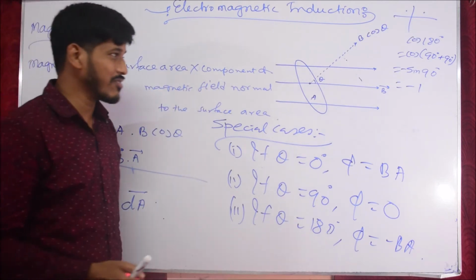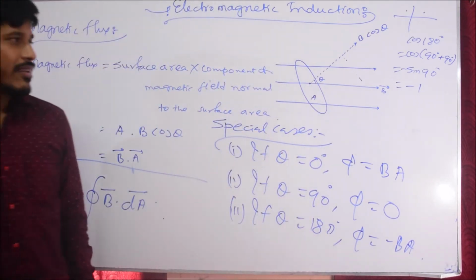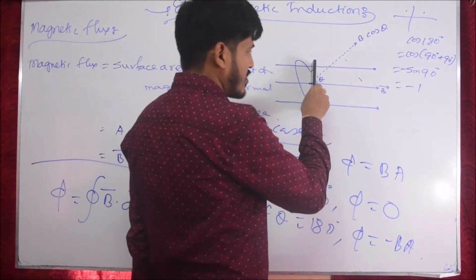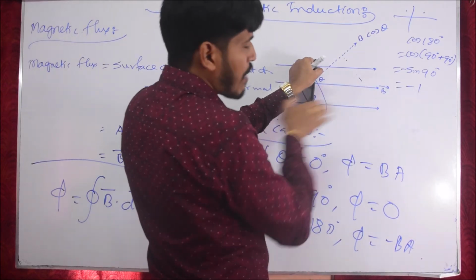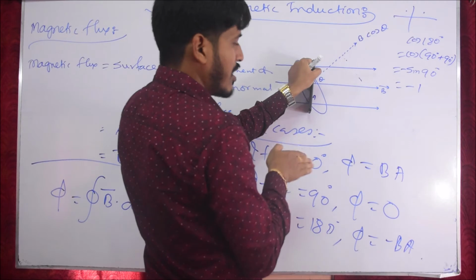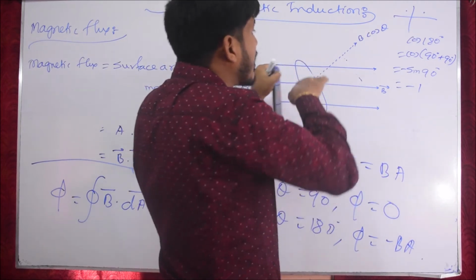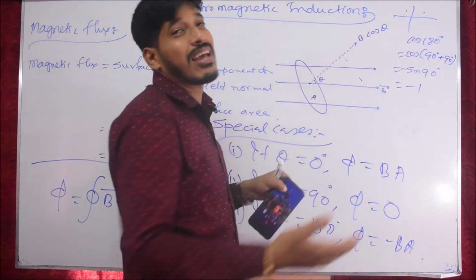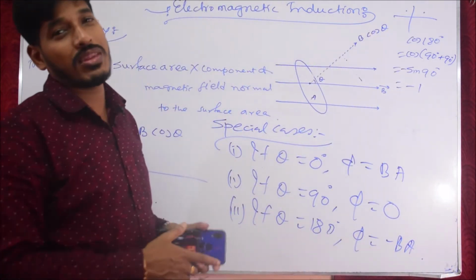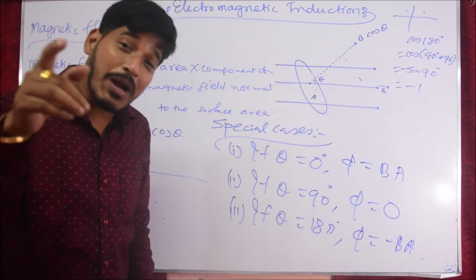If I keep the surface area like that, then I will get the maximum number of lines of force. The magnetic flux is maximum only when the normal makes an angle 0 degree, that is, your surface area makes an angle 90 degree with the field. If the normal makes 0 degree, the surface area is perpendicular.